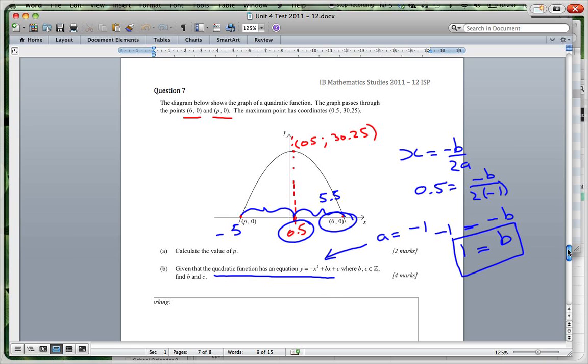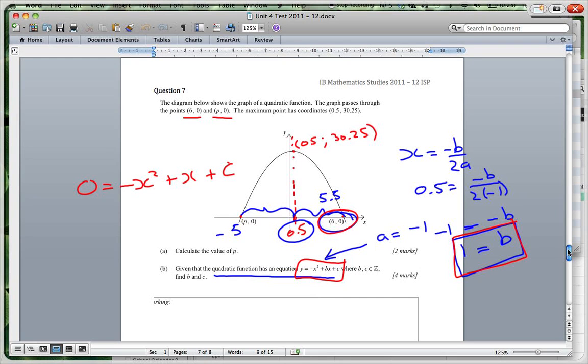And then, once I've got that, the rest of it is pretty straightforward, because I can use this point over here to put into this equation to get another equation. So I get y, 0, is equal to minus x squared. Now I already know my b is 1, so it's plus x, plus c.